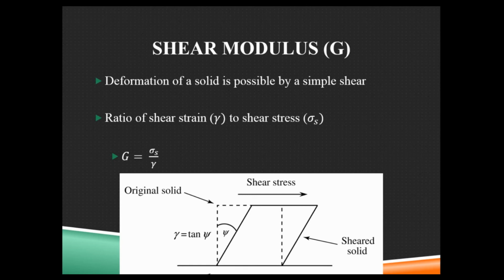Now, the shear stress is that force per area being applied in a shearing manner to our object, this dotted line square. If we see what angle it deforms to and take the tangent of that angle, we get gamma. Remember, the angle is psi, tangent psi is gamma, which is shear strain. So the shear modulus, capital G, is the ratio of shear stress to shear strain.